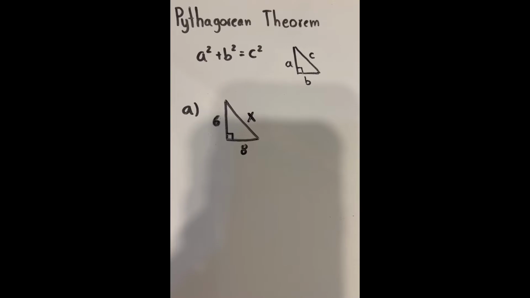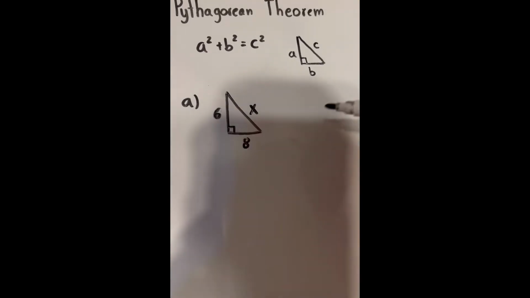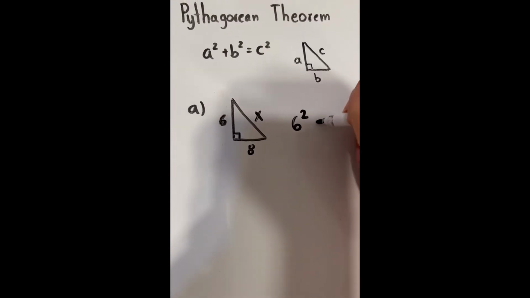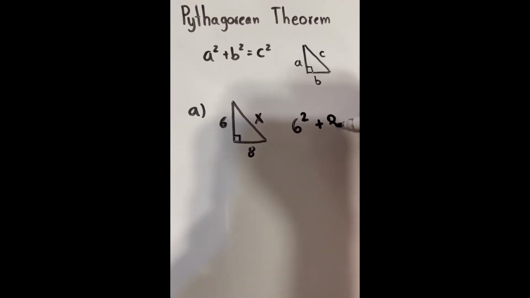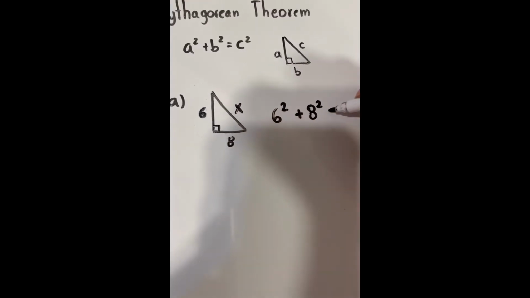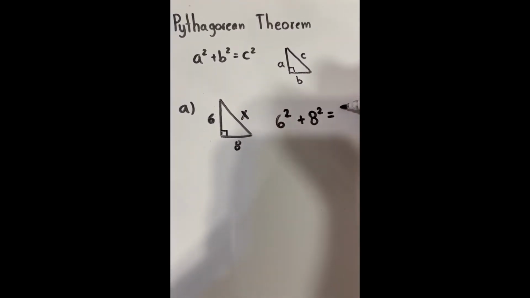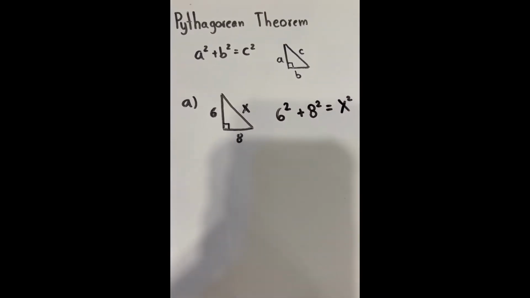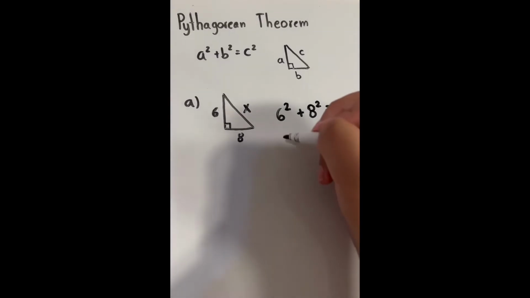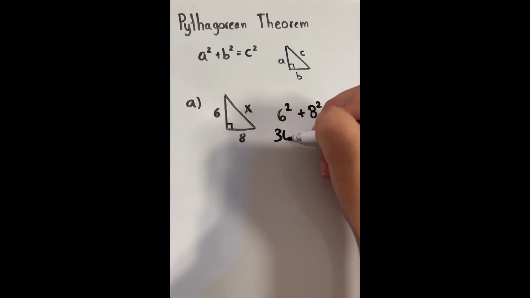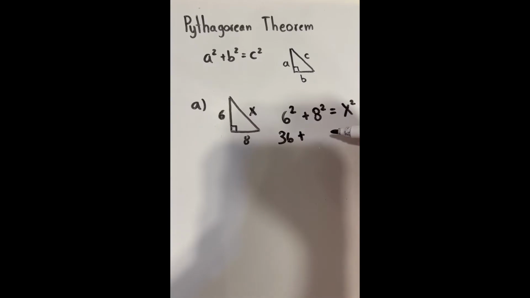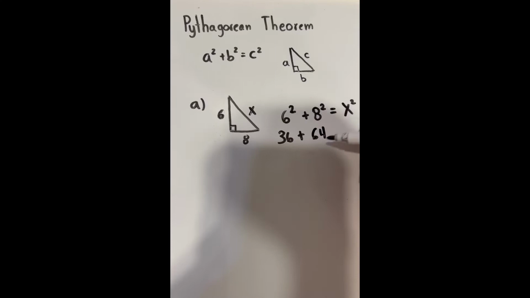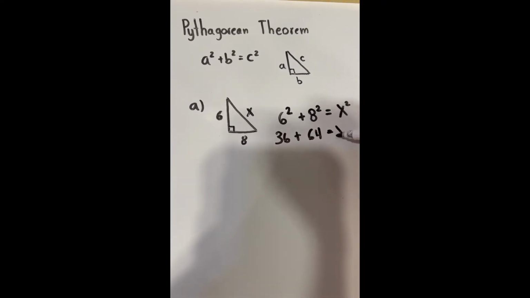Together, we're going to solve this question. As we can see, we have 6, 8, and x is our missing side. So we're going to plug it into our Pythagorean theorem equation and say 6 squared plus 8 squared equals x squared. Now all we have to do is solve, so we need to figure out what 6 squared is, which is 36, 8 squared, 64, and then again equals x squared.